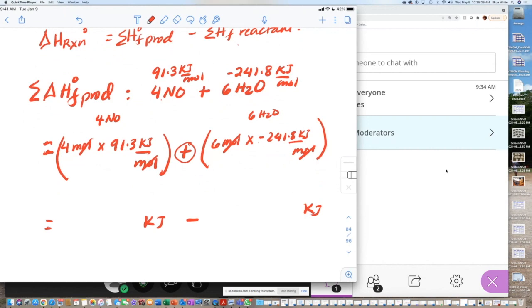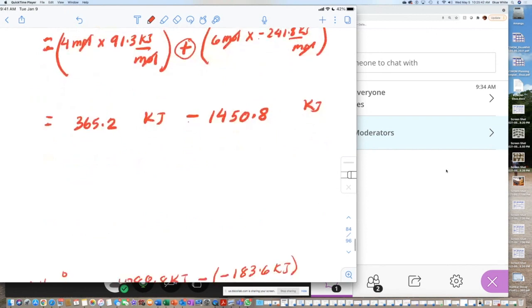So 4 times 91.3 gives me 365.2. Here I have 6 times negative 241.8. I got the negative already here, I can't forget that. Then this becomes negative 1450.8.